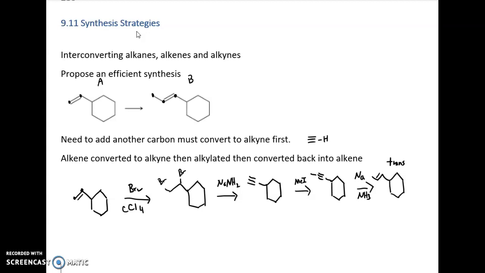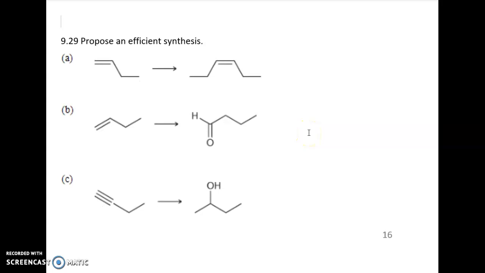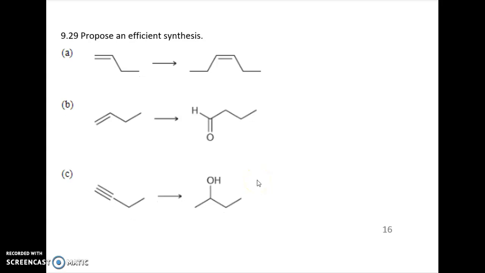Okay, so I've got 6 of these to do. And I'll try and walk you through my thinking each time. So here are the first 3. You might want to try these on your own first. So we start with A, and we'll notice that this is a 4-carbon compound, but this is a 6-carbon compound.